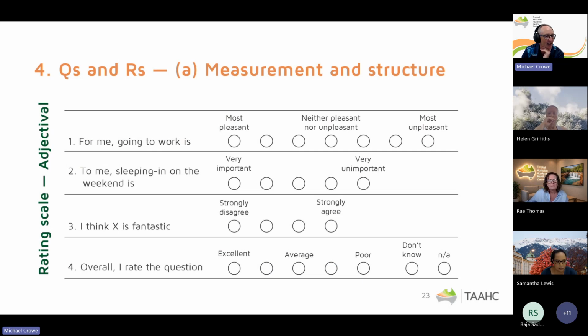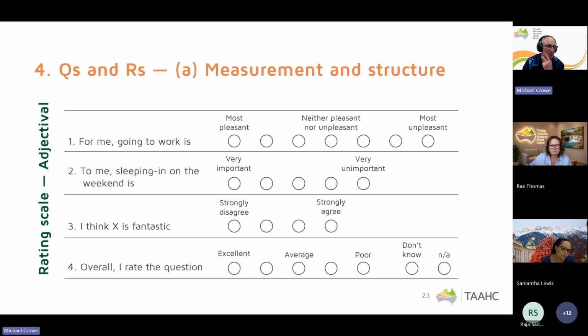This one is called an adjectival scale. This is where it starts to get a little bit more difficult. And it's all of these questions that start at one end and finish at another. So like most pleasant to most unpleasant, or very important to very unimportant, strongly agree to strongly disagree, etc. They're called adjectival scales.